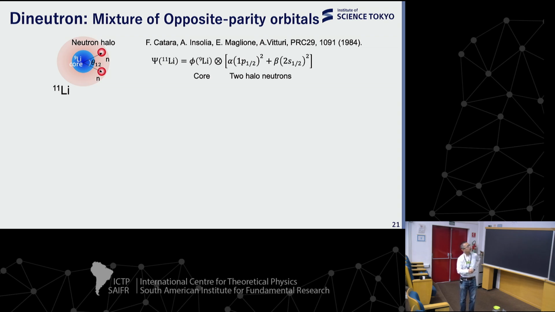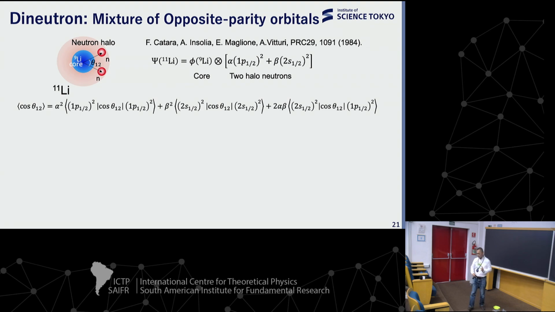So there are mixtures of different parities, P wave and S wave, okay? And if you just take the expectation value of the cosine of the opening angle, this is the opening angle between the two neutrons with respect to the center of the core, okay? And take cosine theta 1,2, then these expectation values are like this.